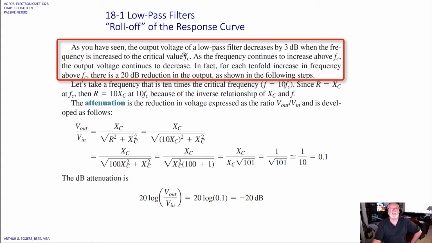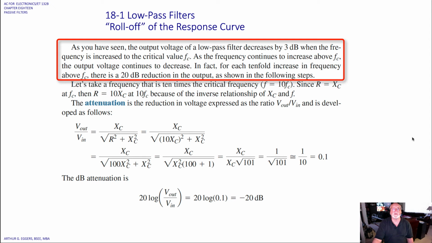So as you've seen, the output voltage of a low-pass filter decreases by 3 dB when the frequency is increased to the critical value F sub C. As the frequency continues to increase above F sub C, the output voltage continues to decrease. In fact, for each tenfold increase in frequency above F sub C, there is a 20 dB reduction in the output, as the following step shows.